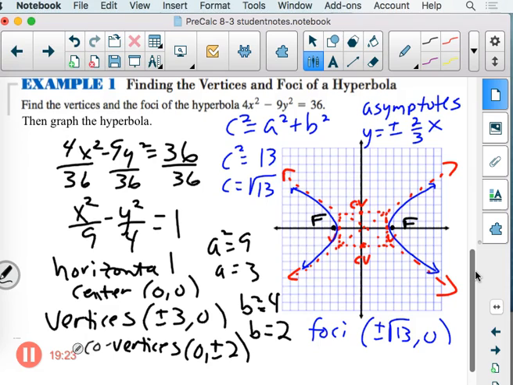And put the foci on. But does that help us graph the hyperbola? No. I mean, we already knew it was horizontal. We know it's going to wrap around the foci. And now we've got 2 added things on there that are just in addition to something that's already pretty complicated. So we might want to just leave those off for graphic purposes.